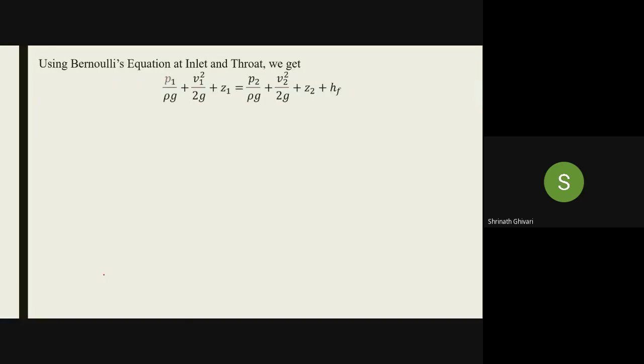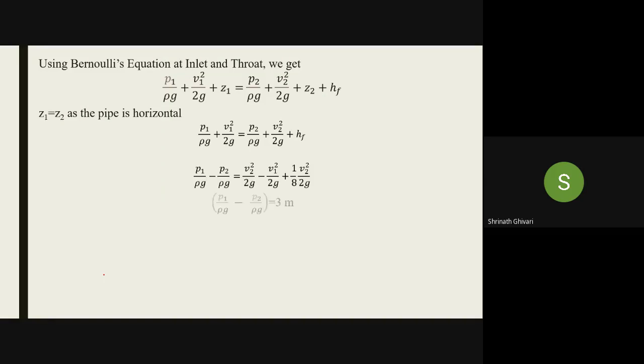So we got V2 equal to 4V1. Now, using Bernoulli's equation, with Z1 equal to Z2, we get this expression: P1 by rho g plus V1 square by 2g equal to P2 by rho g plus V2 square by 2g plus HF. Don't forget HF because it is an actual condition, a real fluid flowing through the pipe.